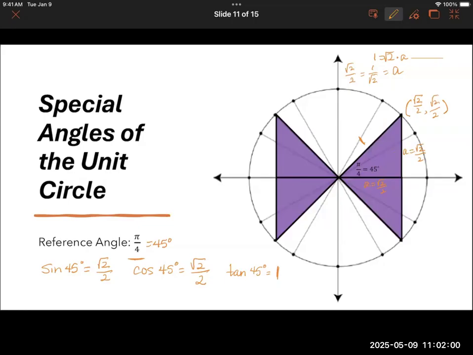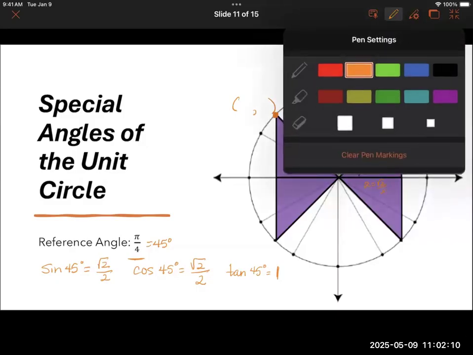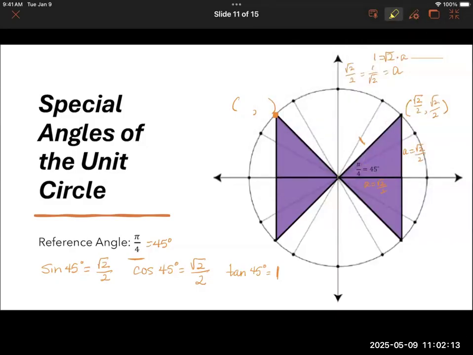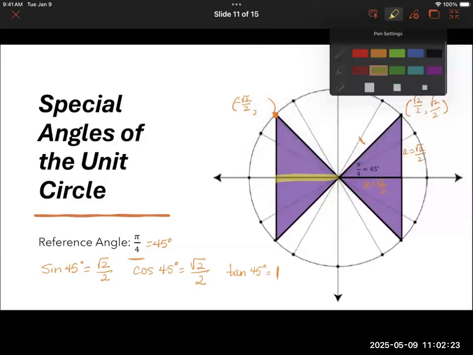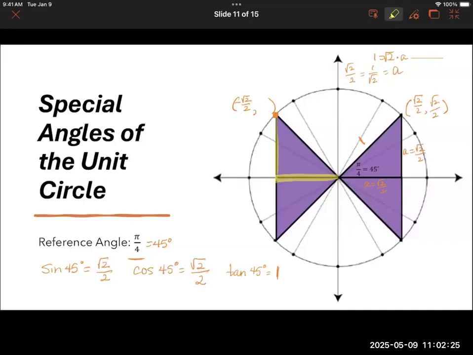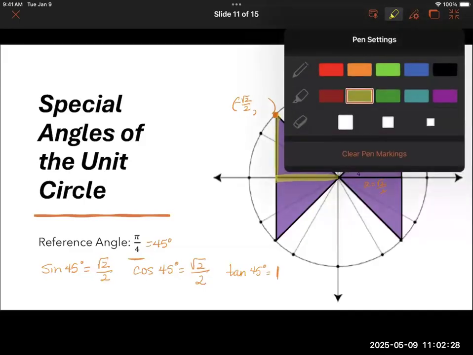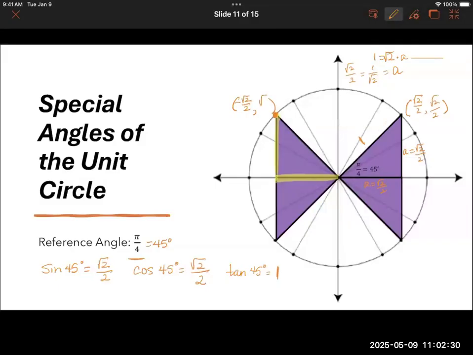What changes is the direction I went to get there. So if I'm looking for the coordinates for this point, now I'm going the same root 2 over 2, but in the negative direction. And then I would still go up to get to my point, so that's still going to be a positive root 2 over 2. This is still going to be a radius of 1.